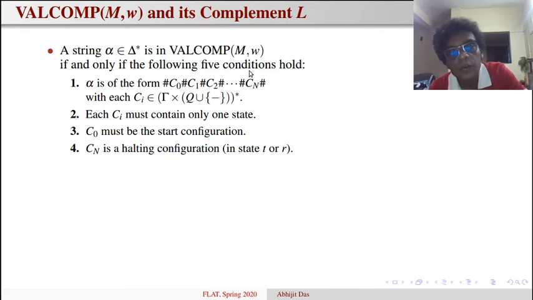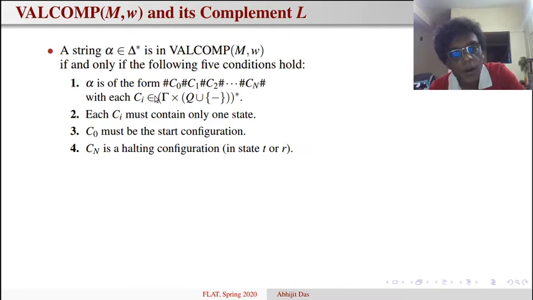So it suffices to check whether Cn only is a halting configuration. That is, the state of Cn must be either accept or reject. These 4 conditions are actually called syntactic correctness conditions of alpha.